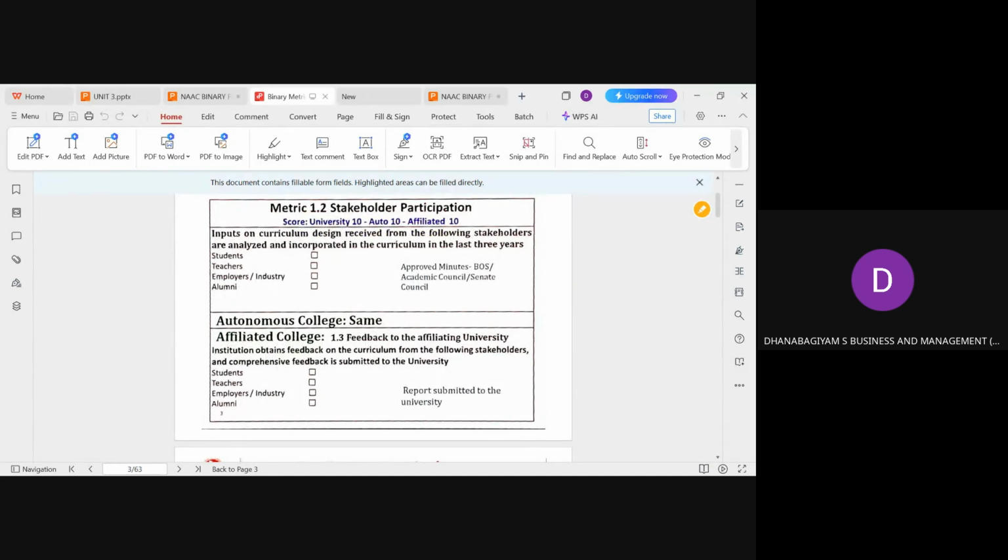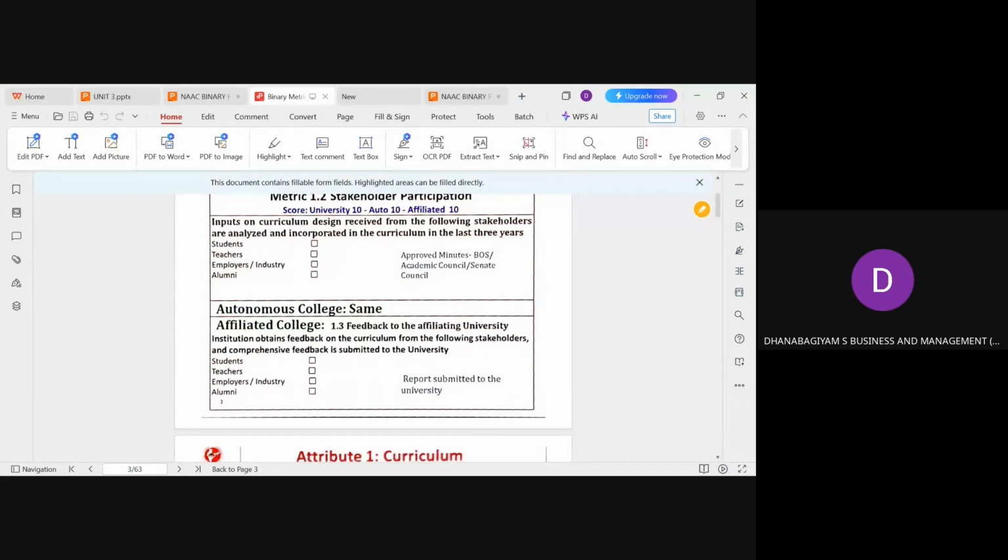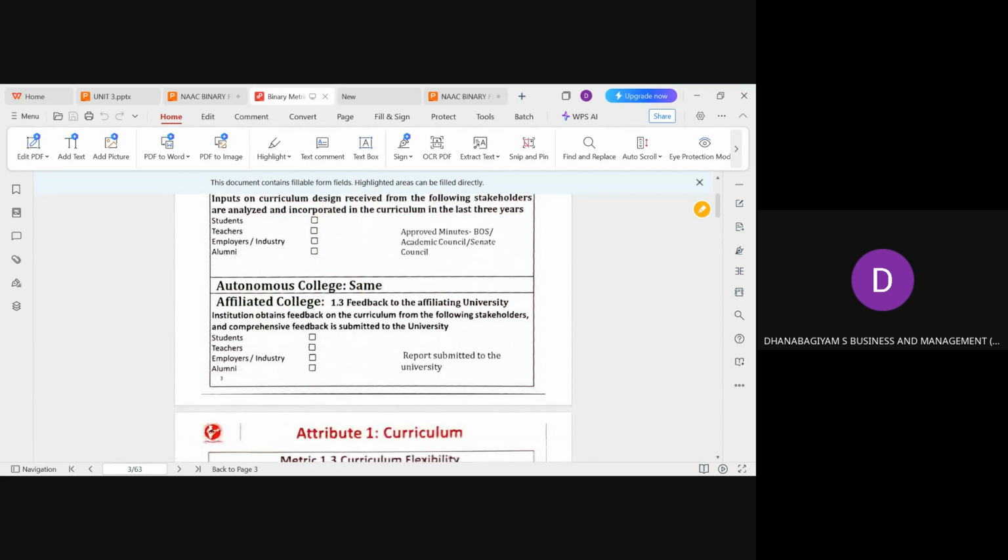So here stakeholder participation is our students, our teachers, and also the industry, who are our good recruiters, and we can bring industry experts from our own recruiters, and similarly alumni. These people need to be involved under this particular curriculum preparation, which comes under 1.2, that is stakeholder participation.